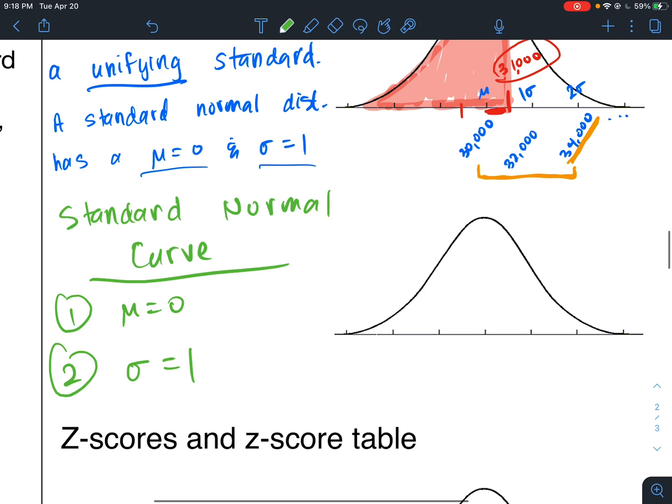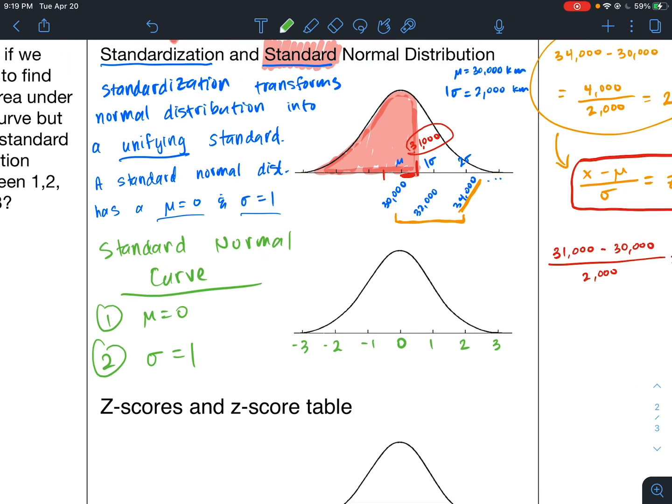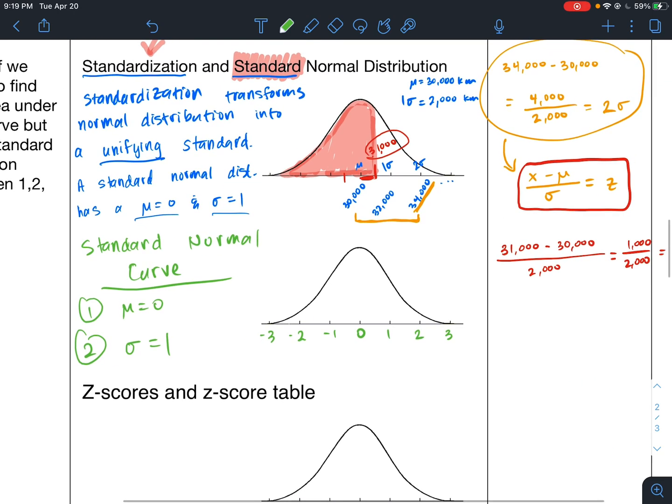In a standard normal curve, we always identify the mean as 0 and the standard deviation as 1. In the left direction, we use -1, -2, and -3. If you have a negative standard deviation or a negative score, that means you're to the left of the distribution. So this is what we're going to be doing today.